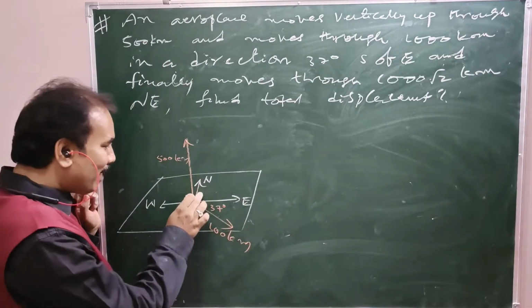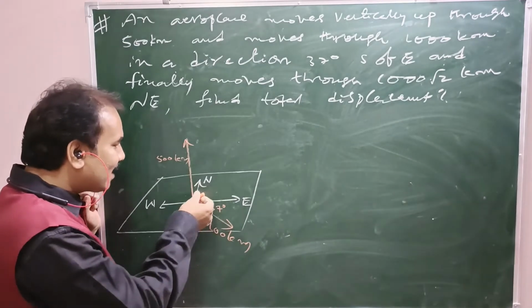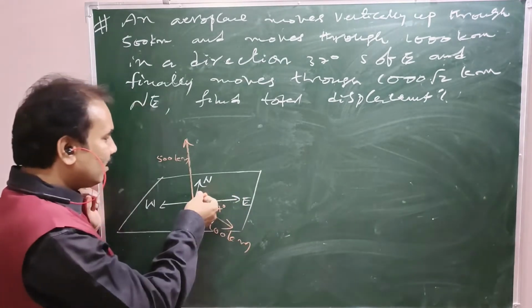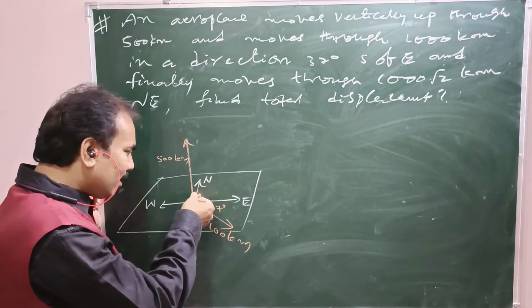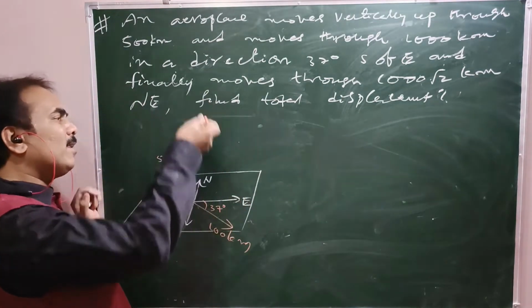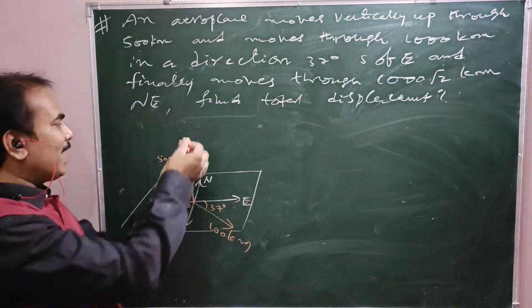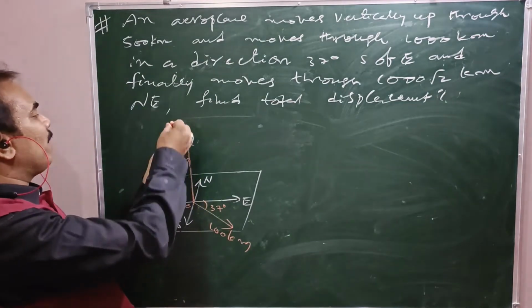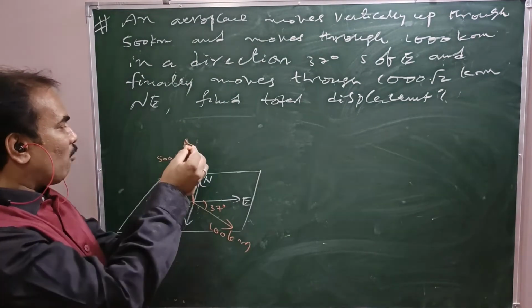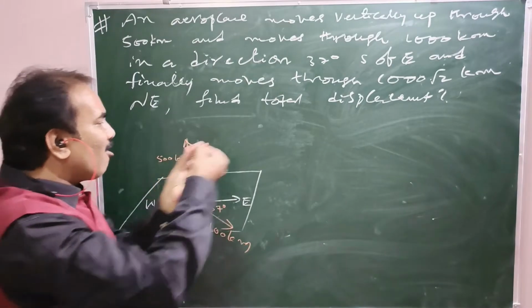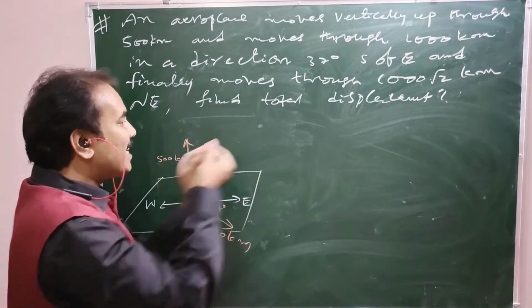Northeast means bisecting the first quadrant. In fact, it is not moving on the ground, but moving in mid-air. First vertically up, then in the fourth quadrant, and again in the northeast. Northeast means bisecting like that.